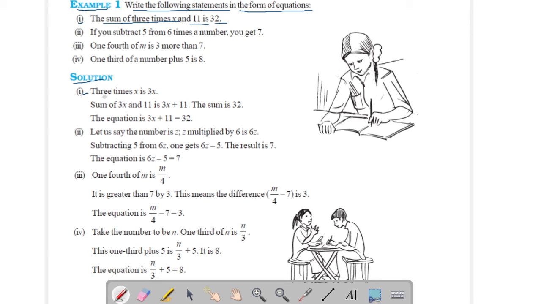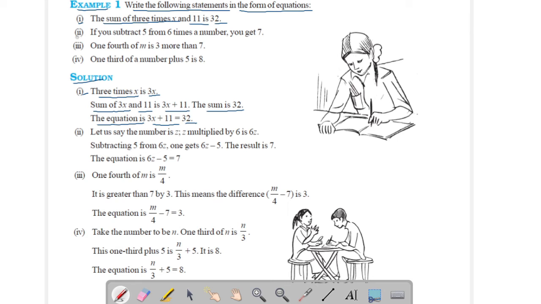First part, 3 times x. 3 times x is 3x. Sum of 3x and 11 is 3x plus 11. The sum is 32. The equation is 3x plus 11 equal to 32.